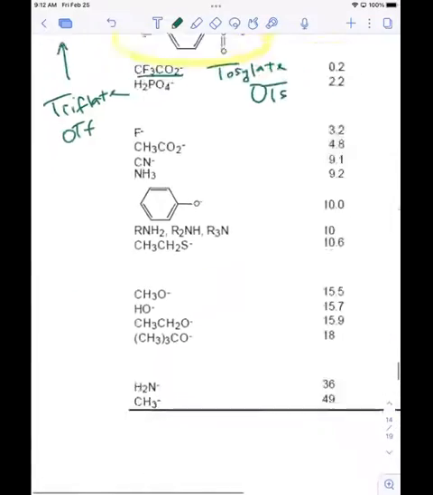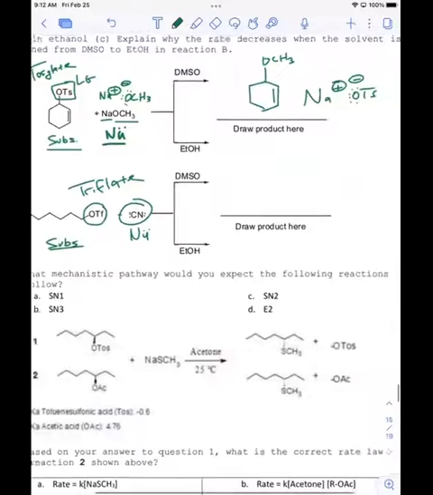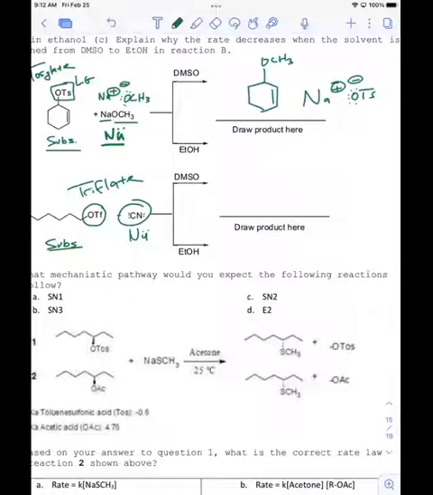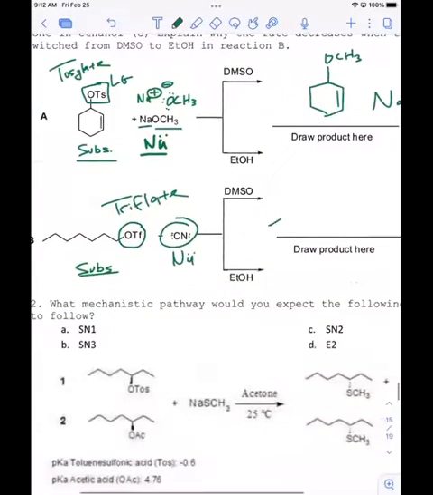That's the point I'm trying to make. So when we go back to here, what's the product? We know the product, because all it is is substitution of the leaving group with the nucleophile. So that product is going to look like this. Make sure I got enough carbons.